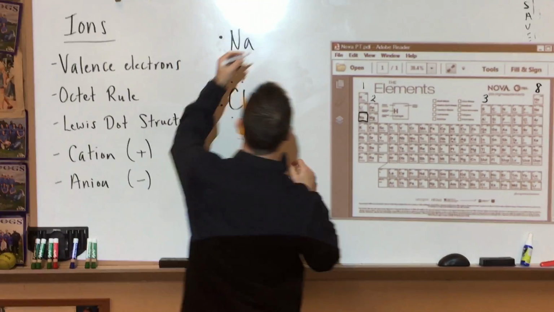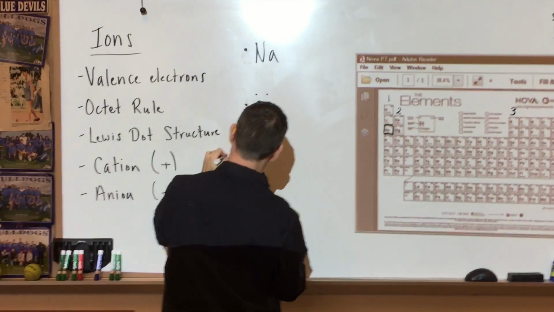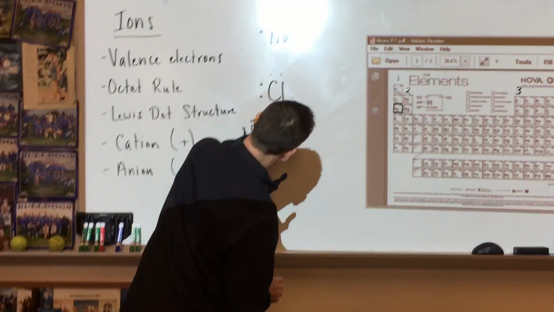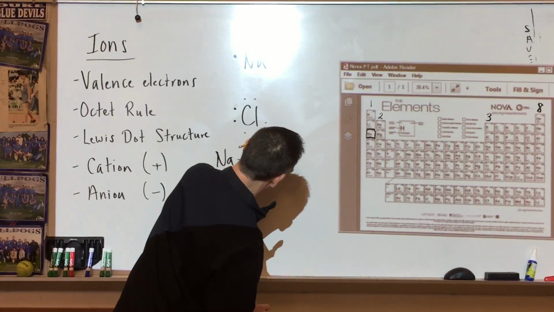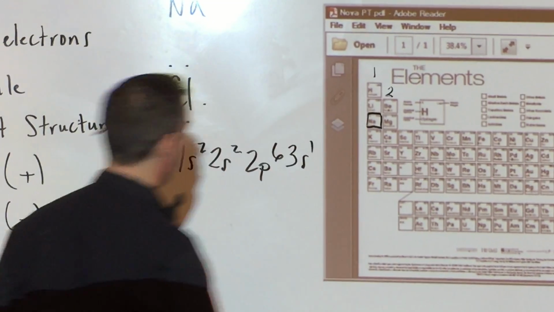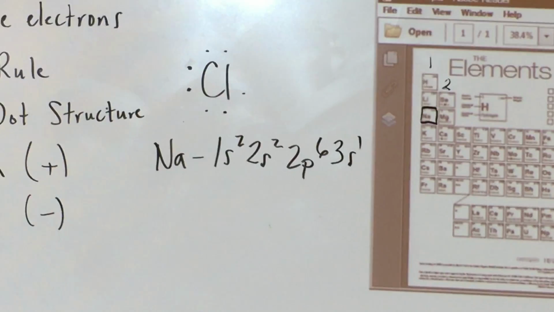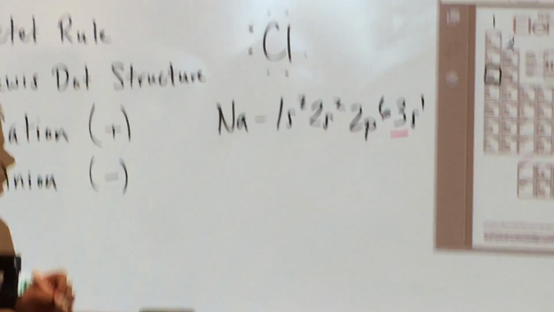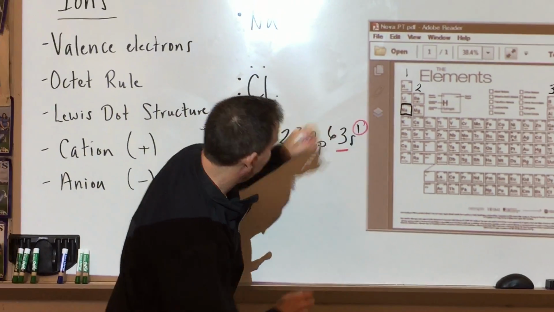So if we do the electron configuration for sodium, it would be 1s2, 2s2, 2p6, 3s1. As you can see, it has 1 valence electron in the 3rd energy level.